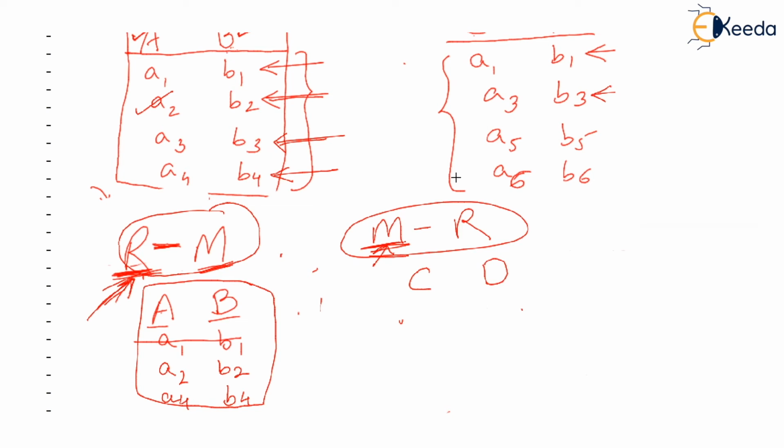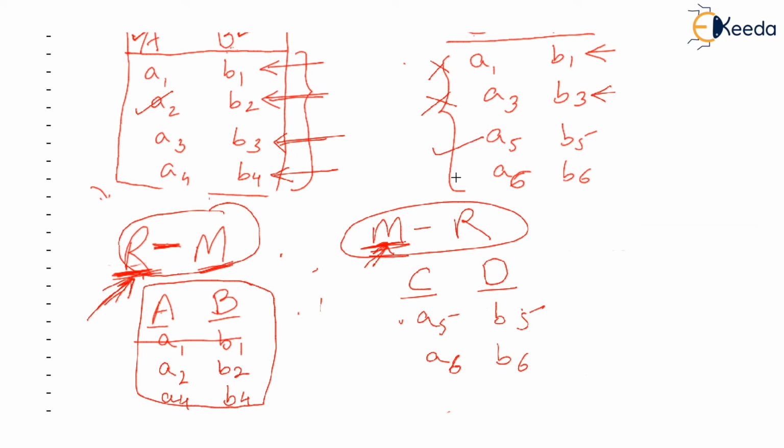So what will be the result here? All rows which belong to M but do not belong to R. You can see A1, B1 will not be taken because it belongs to both tables. A3, B3 will not be taken. It belongs to both the tables, but A5, B5 belongs to M but does not belong to R, and A6, B6 will be taken.